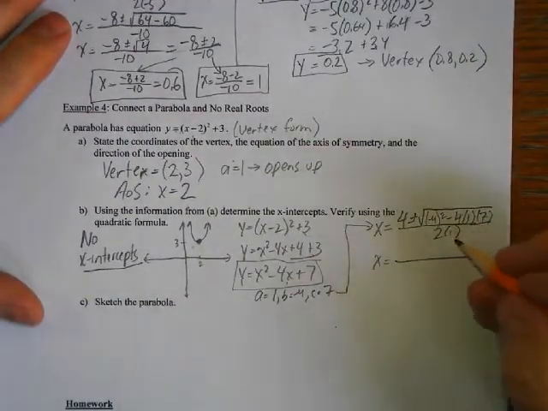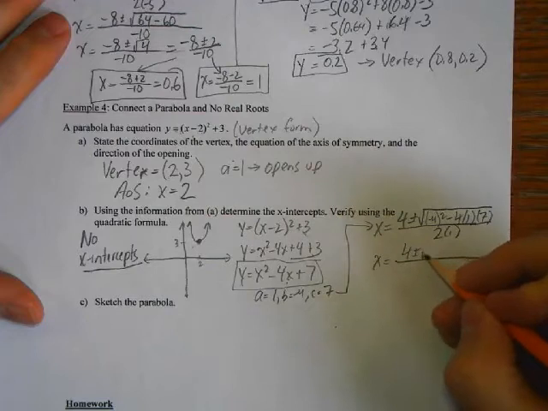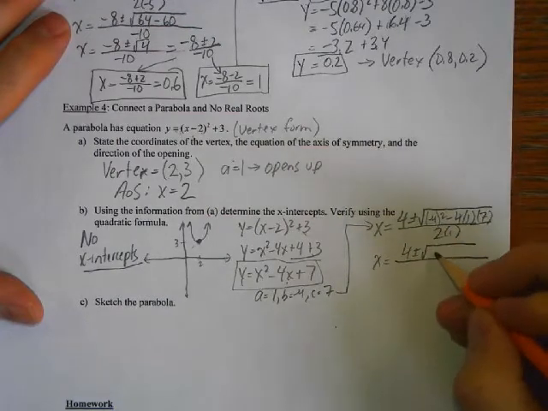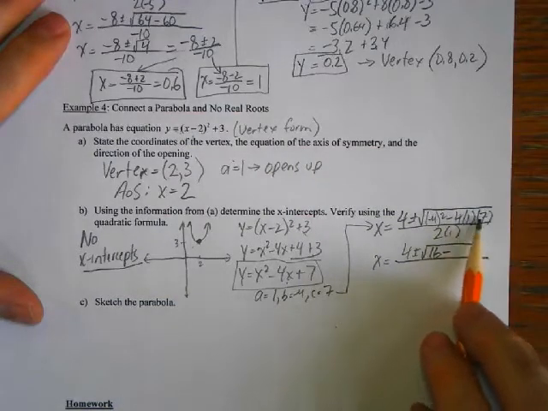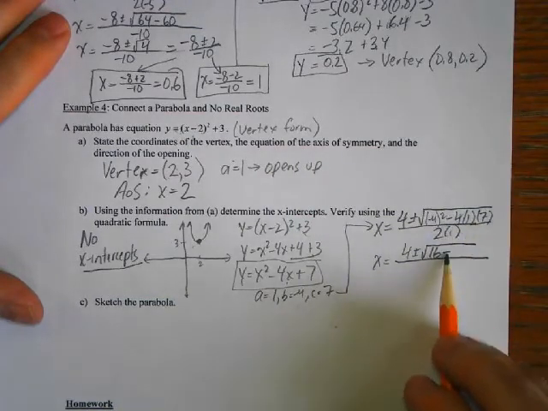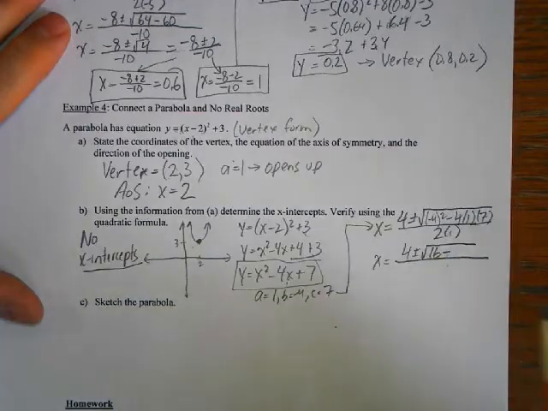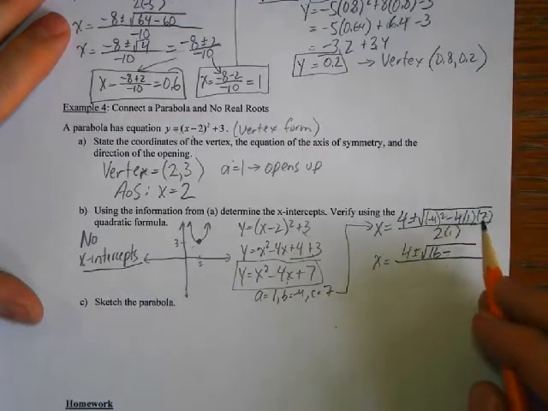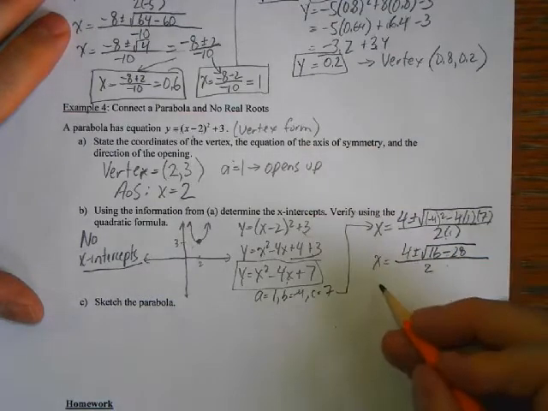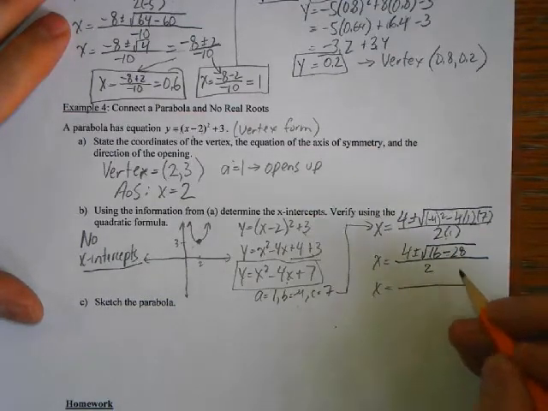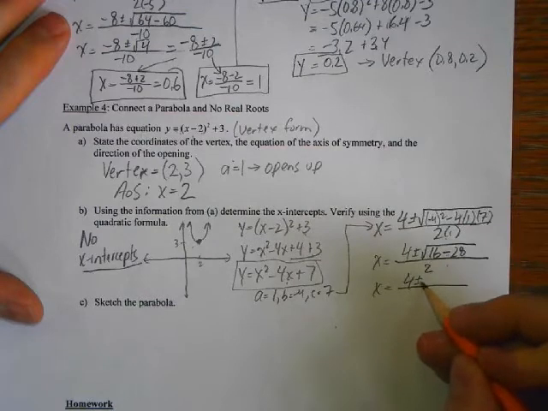So now I've got 4 plus or minus, so the -4 squared, that's going to be 16, and then I subtract, and 4 times 1 is 4, 4 times 7 is 28, over 2, and you can see we have a bit of a surprise here.